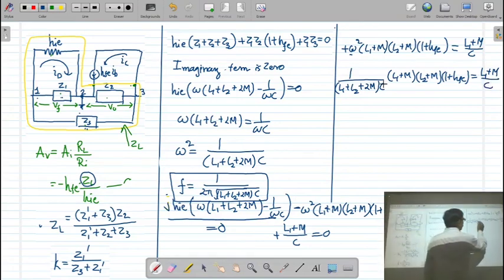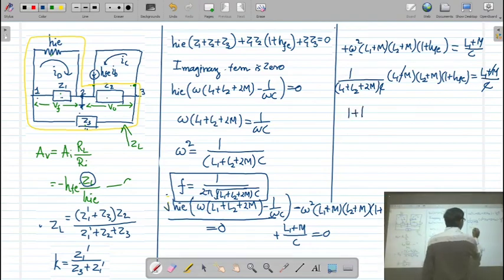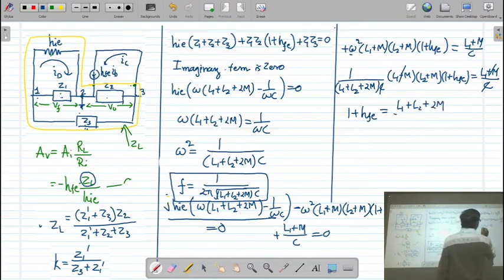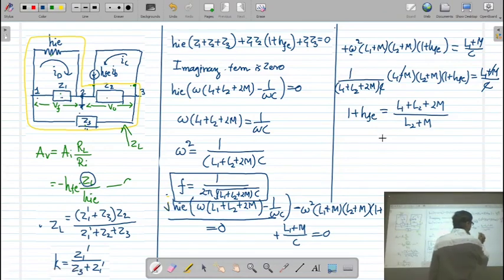So here the C will be cancelled. L1 plus M from both sides will be cancelled. Then we can write 1 plus h_fe equal to (L1 plus L2 plus 2M) divided by (L2 plus M). And if you simplify this, this expression I can write as (L1 plus M) plus (L2 plus M) divided by (L2 plus M).